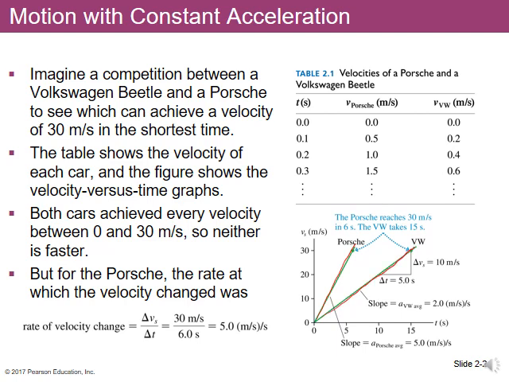If we calculate the slope of this line, it will give you the acceleration. In this case, the slope of this line, the change in velocity, which is on the y-axis, would be 30 meters per second divided by 6 seconds for the Porsche. What would it be for the VW? Well, it still ends up at 30 meters per second, right?